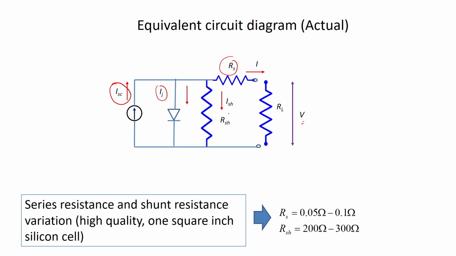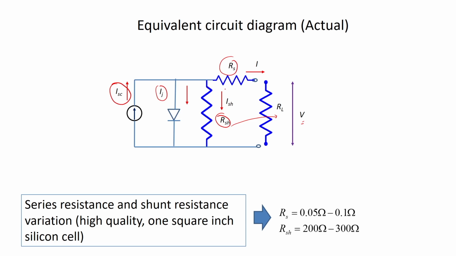Normally, this RSH value, which is the shunt resistance, is very high compared to the load resistance. Again, this internal series resistance is very low compared to the load resistance.